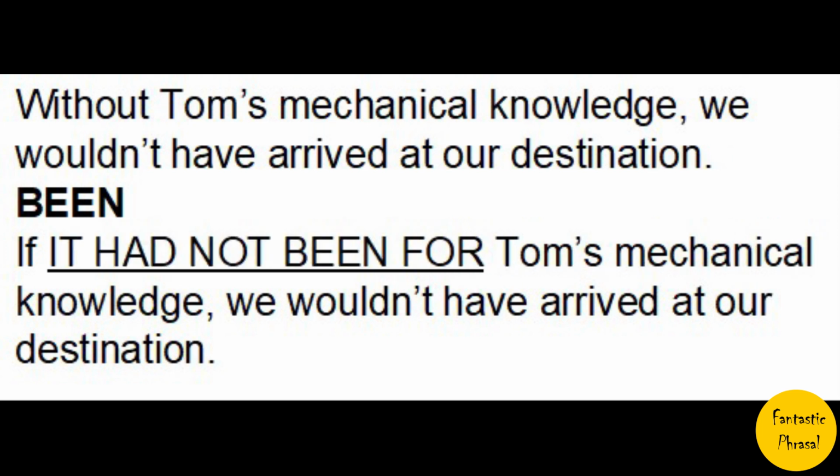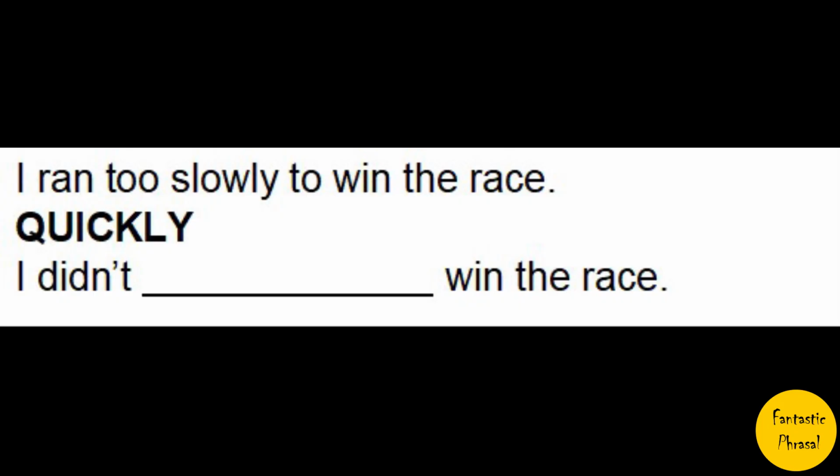You would receive 1 point for it had not and 1 point for been for. Let's look at the final question. I ran too slowly to win the race. The key word is quickly, and the second sentence is I didn't blank win the race.